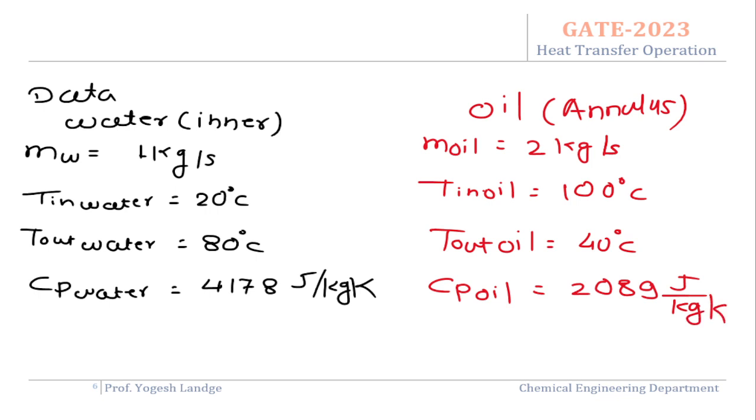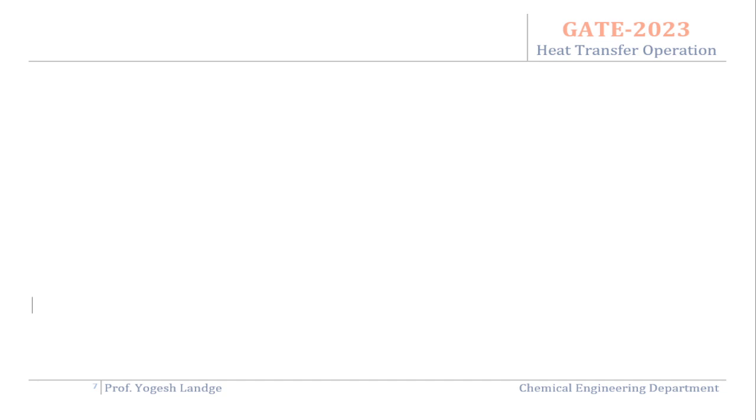With the help of this data, we would like to calculate the value of NTU. First we write the formula: NTU, the number of transfer units, equals the overall heat transfer coefficient U times the surface area A, divided by C minimum.